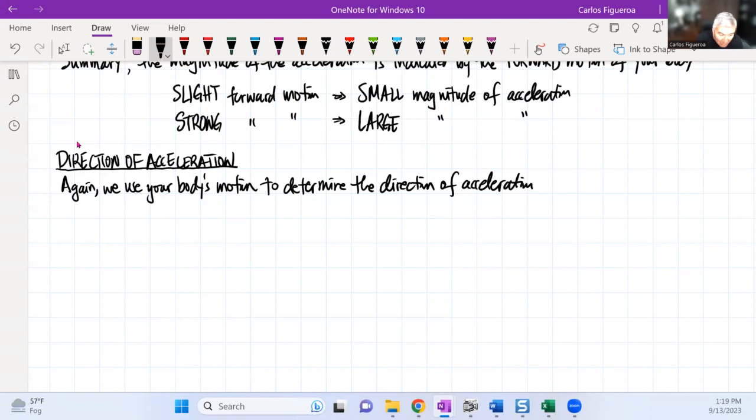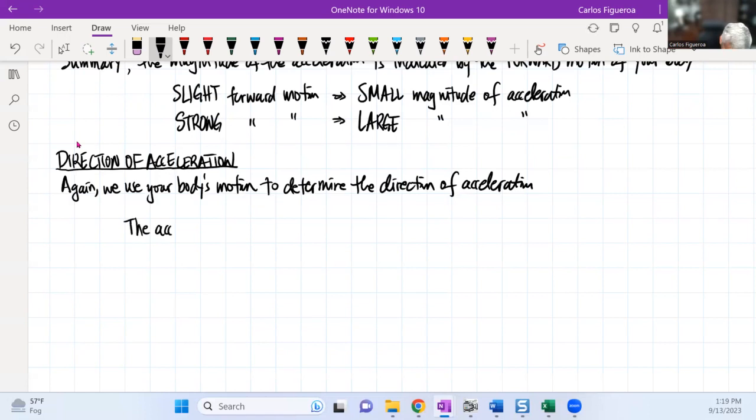And here we go. Now note that this is only valid if we're speeding up or slowing down. If we're turning, it's more complicated. Okay, it's definitely more complicated. So here's what we know.